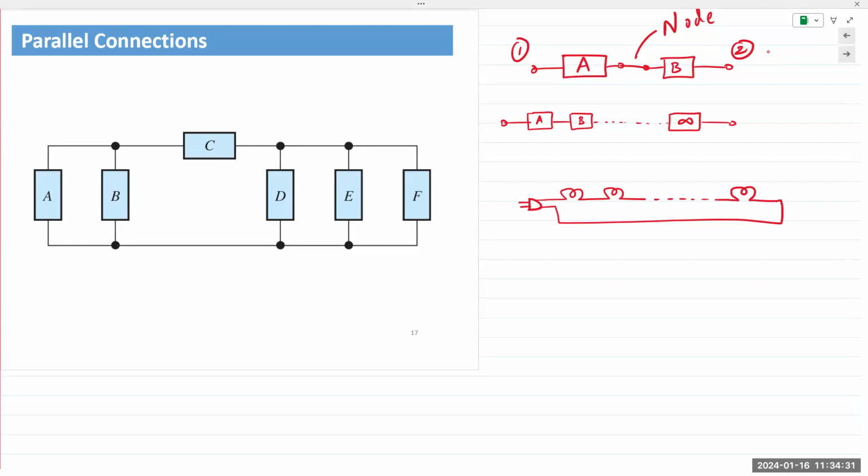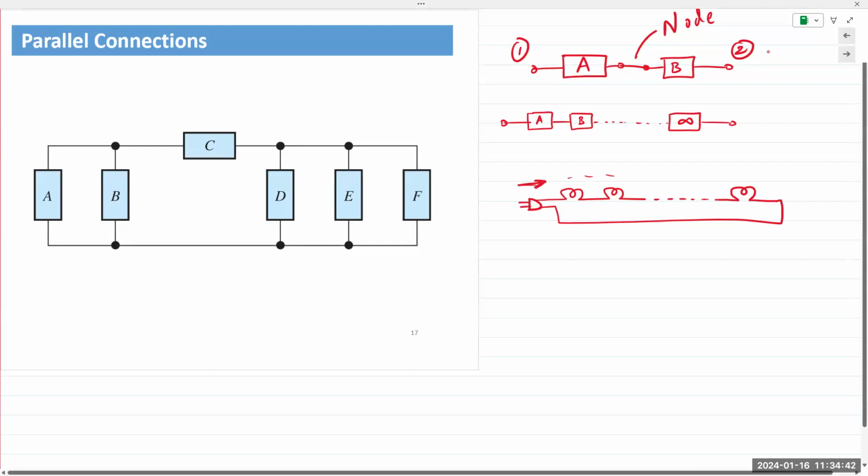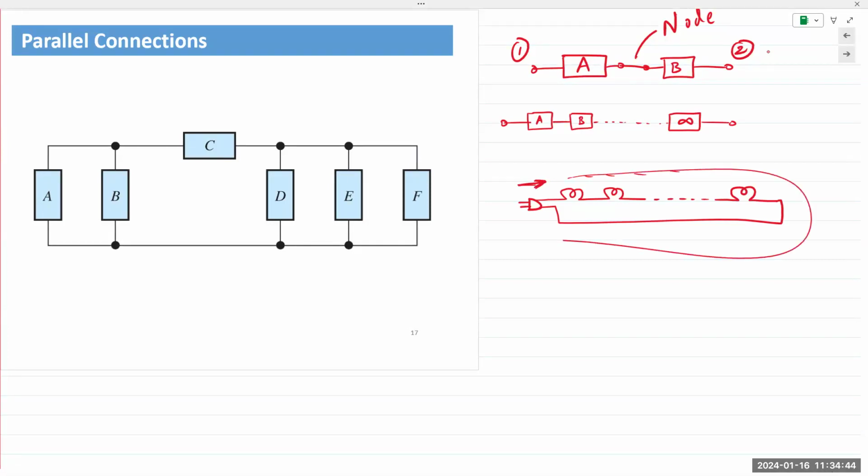Once you take the series connection of lights and you plug it into a power outlet, current can now flow through. It flows through the first light bulb, goes through all of them and back into the wall outlet, thus providing a closed pathway.